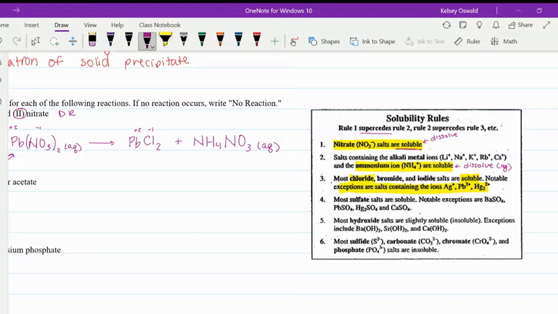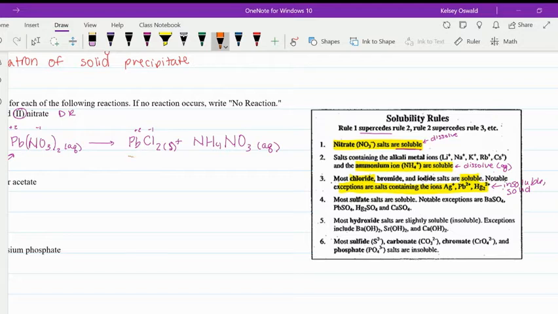So since most dissolve, however, lead is an exception, that tells us this compound is going to be insoluble. It's not going to dissolve, and it's going to form a solid. So our product here that's a solid is going to be that lead 2 chloride.